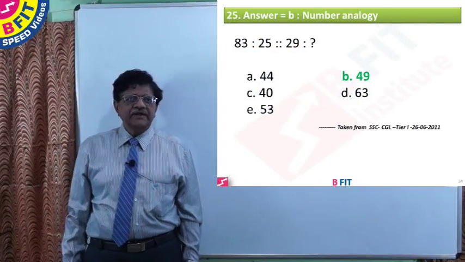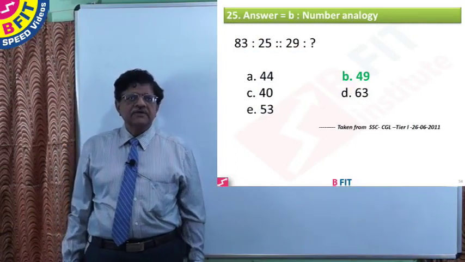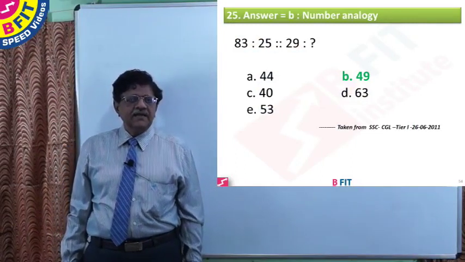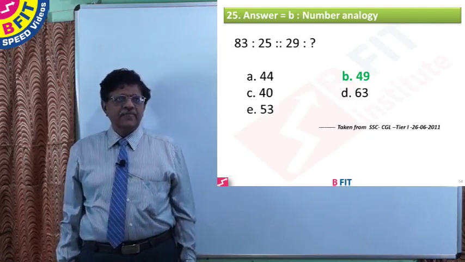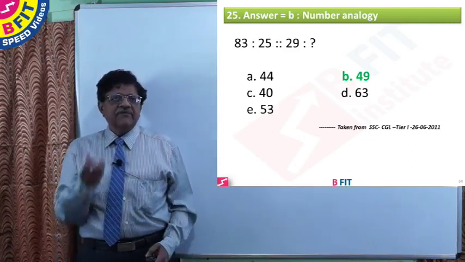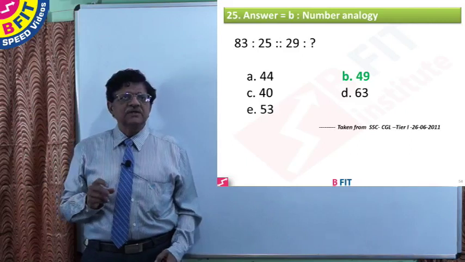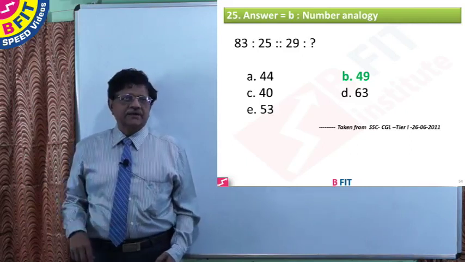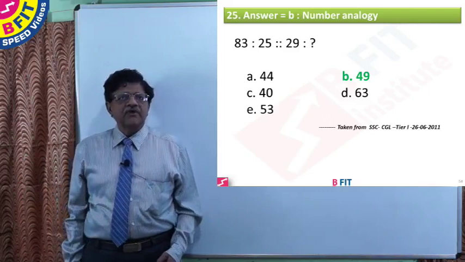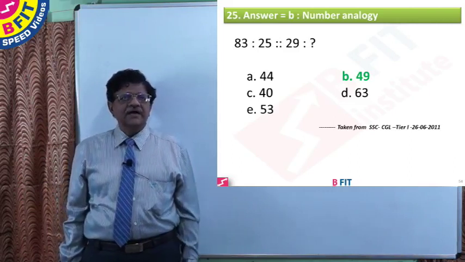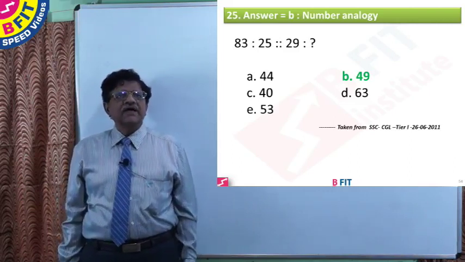Option B, 49. This question is taken from SSC CGL Tier 1 exam 2011. The logic is find the difference between the digits of the first number, square it, and you will get the second number. For question number 25, option B, 49 is the answer. Now let us look at the next question.